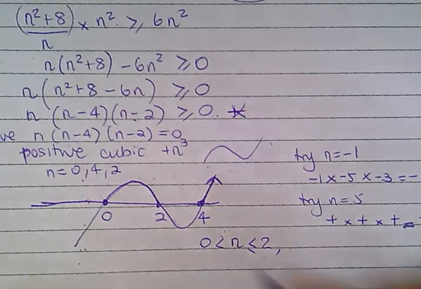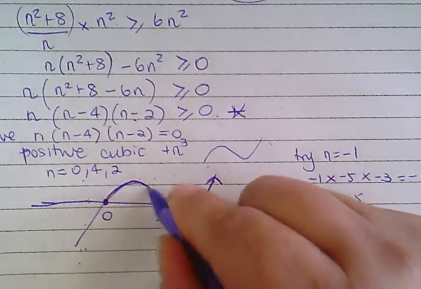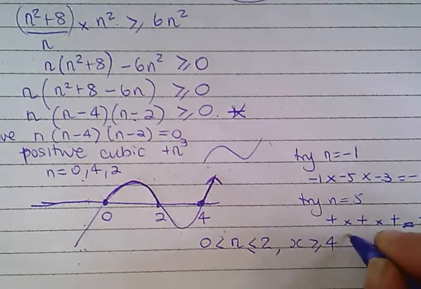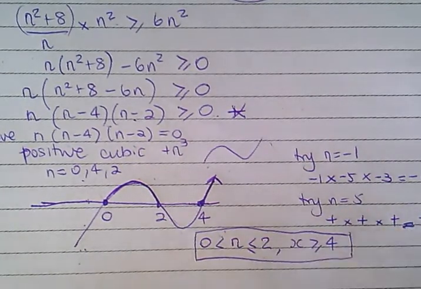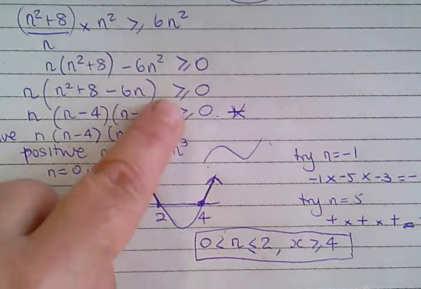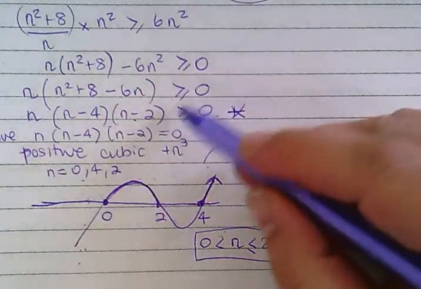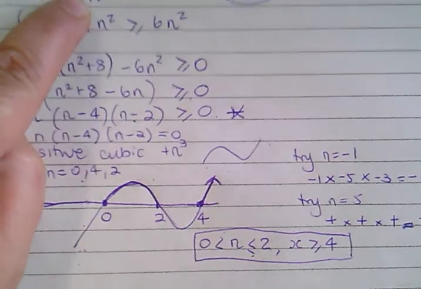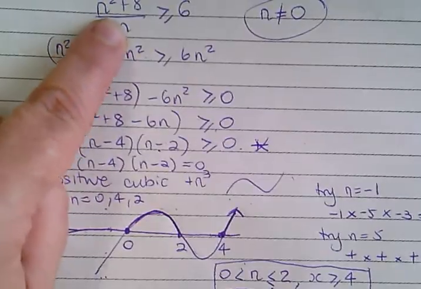And what is my other value? So I've done this. And greater than or equal to 4. Or equal to, because it is allowed to be 4. Now, if this was just a greater than, there would be no or equal to's in any of the answer. I would normally just write all equal to's, but I have to check the beginning question. What value of n can it not be?